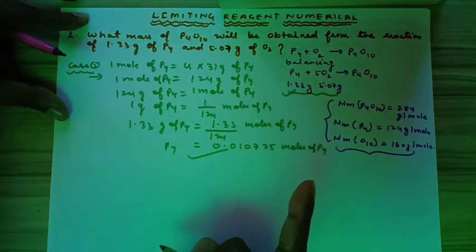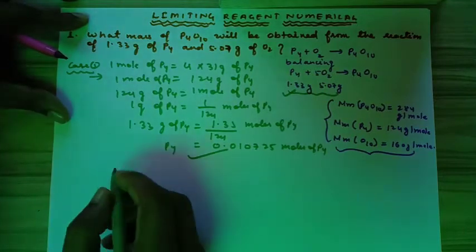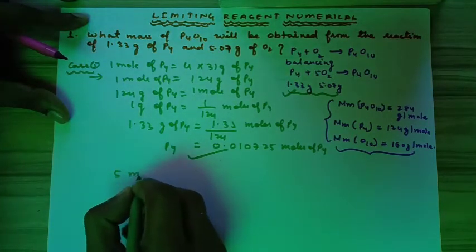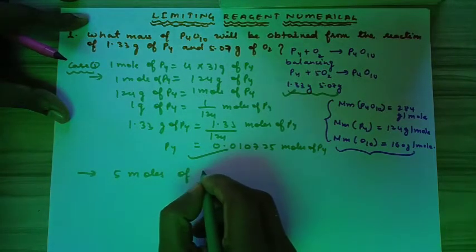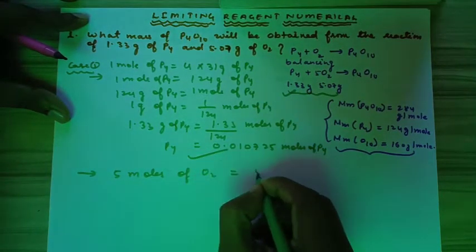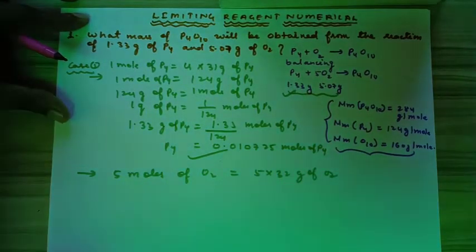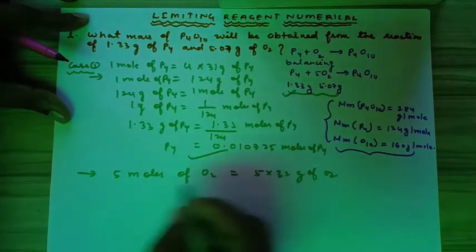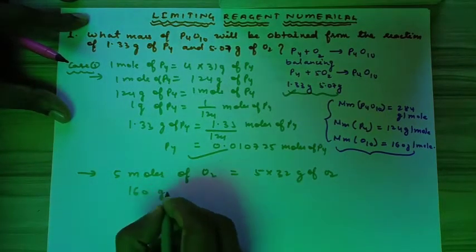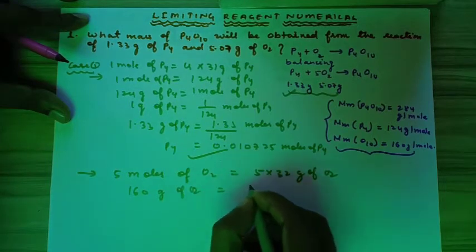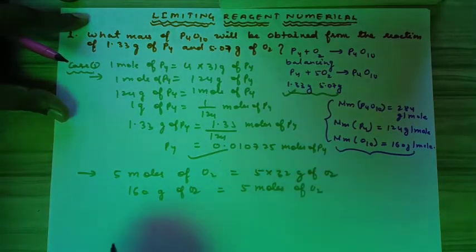Now we have to obtain the amount of dioxygen. So this is case 2: 5 moles of O2 will give us 5 into 32 gram of O2. So in the reverse order, we'll get 160 gram of O2 will give us 5 moles of O2.